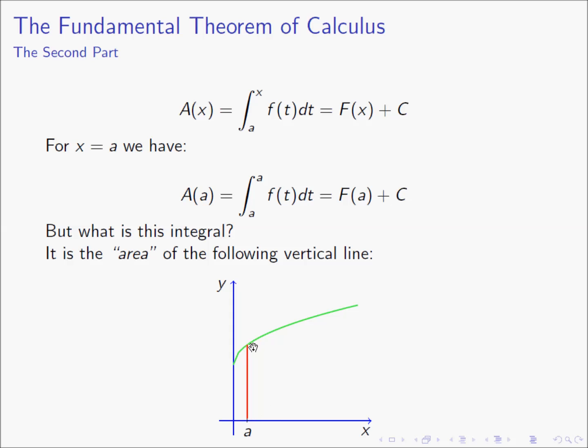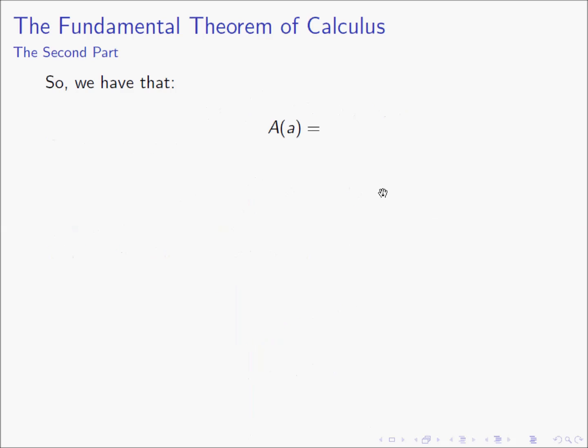And what is the area of a vertical line? That's 0. So A of a, which equals this integral, equals 0. So we have that F of a plus c equals 0. So here we can solve for the constant c. If we solve for it, we have that c equals minus F of a.